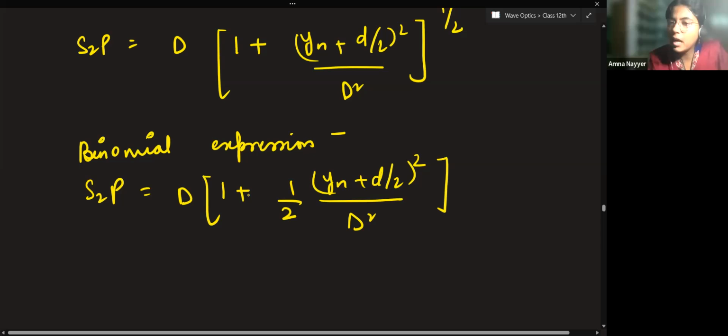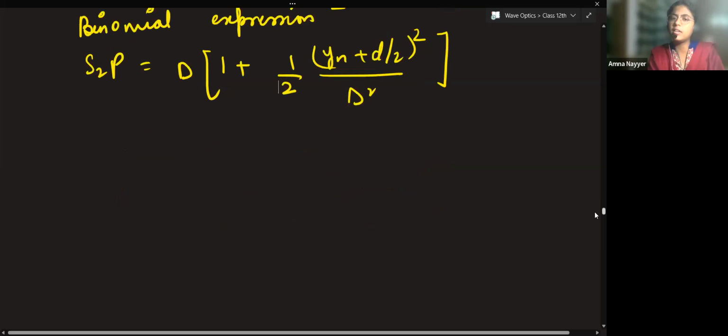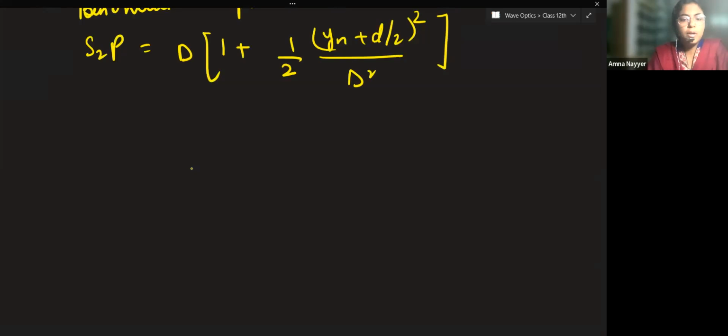Can we get our path difference now? Path difference was S2P minus S1P only. Since we didn't have the values of these, we were having difficulties. So now X will be S2P minus S1P.